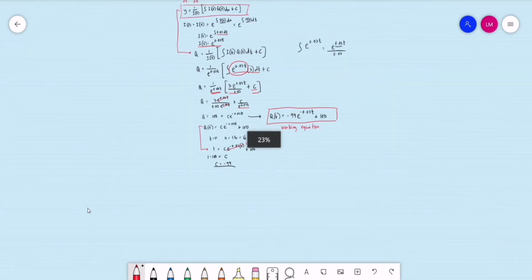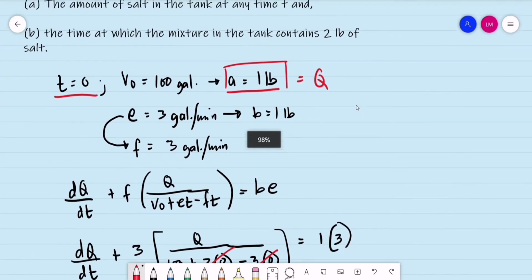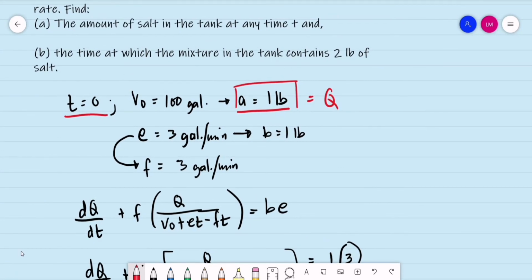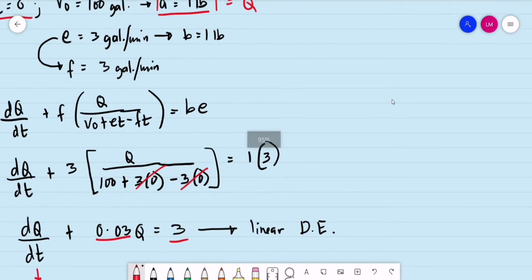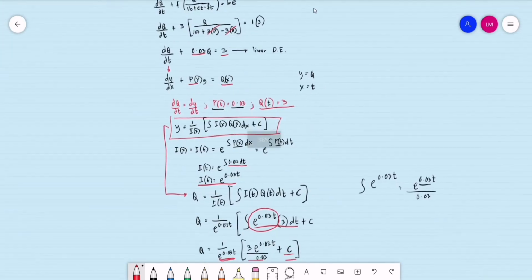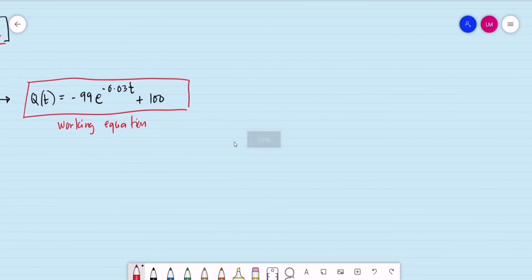Then we proceed to the second question, letter B: the time at which the mixture in the tank contains 2 pounds of salt. So we go back to our working equation. We are looking for the time wherein the amount of salt will be equal to 2 pounds.